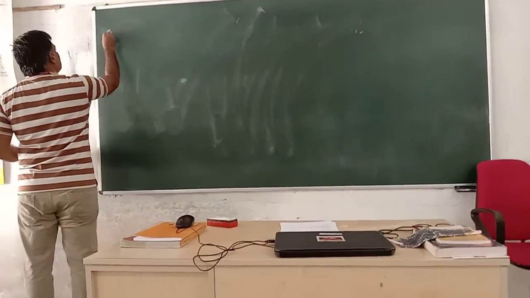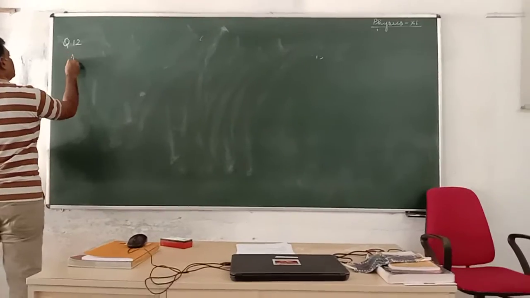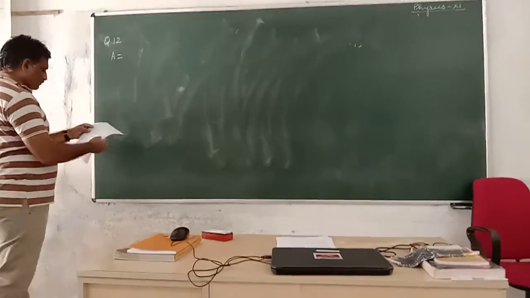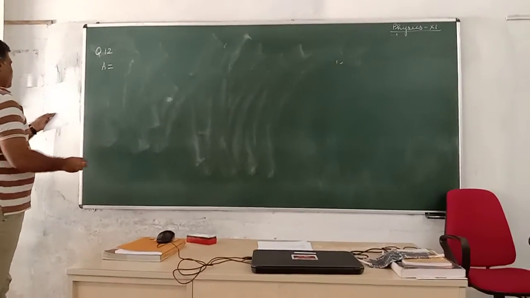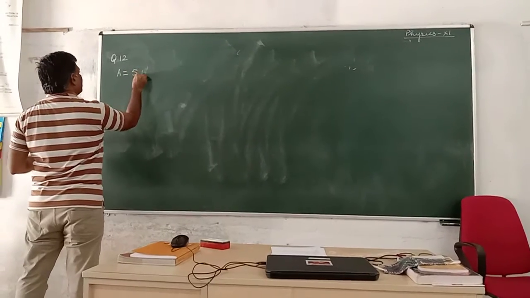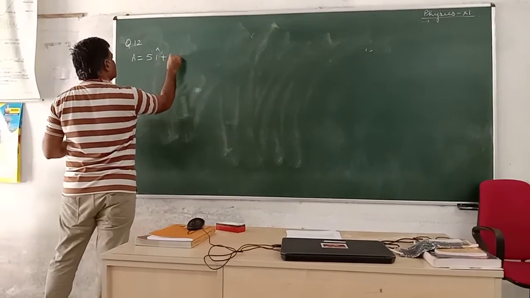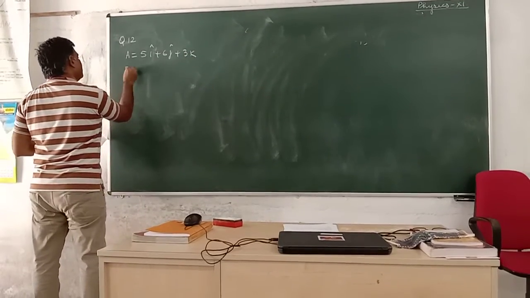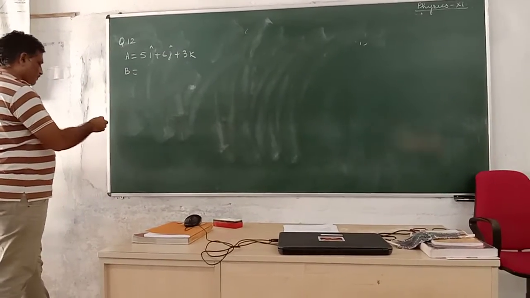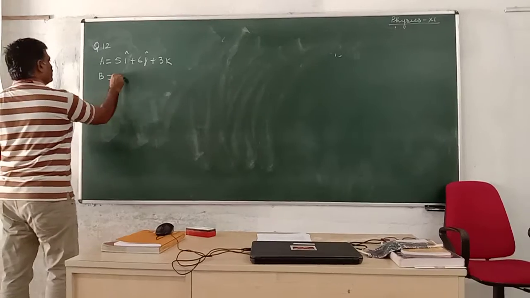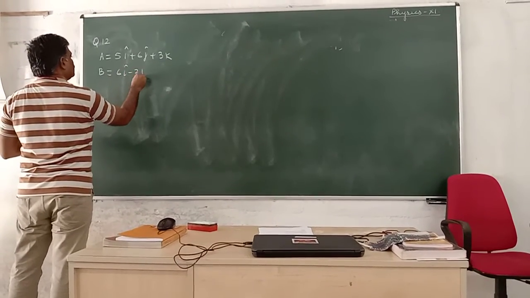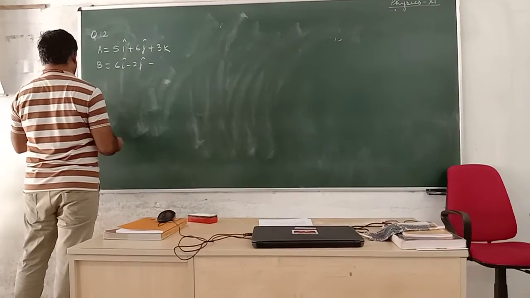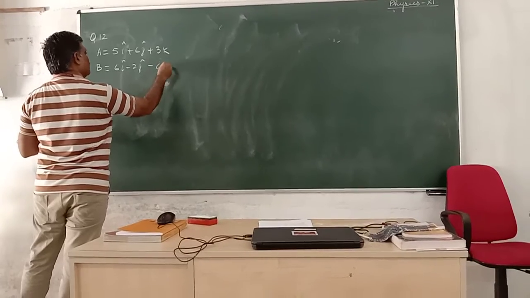Vector A is 5i plus 6j plus 3k, and vector B is equal to 6i minus 2j minus 6k.